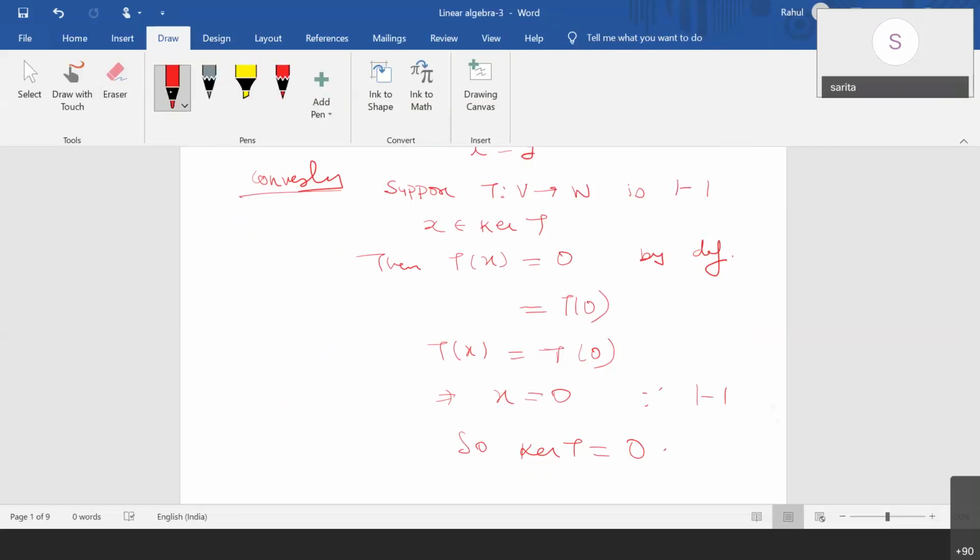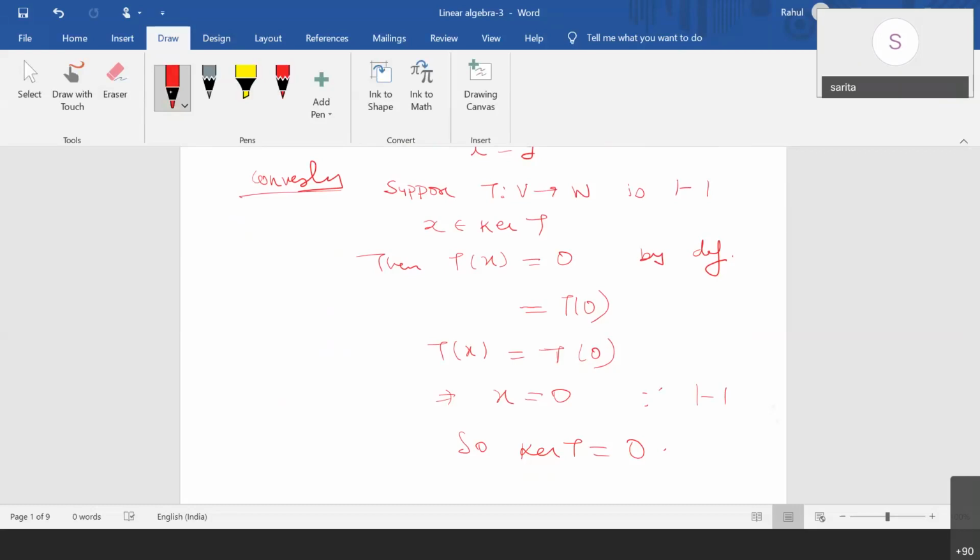But in some cases, when you have big matrices, this will boil down to solving the linear equation. So instead of that, if you want to prove it is 1-1, you simply can prove that kernel T is equal to 0, and that will also suffice to say that it is 1-1.